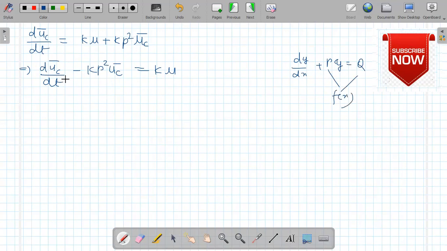So in place of y we have uc bar, and in place of x we have t, and this is p, and here k mu is q, and both may be constants.